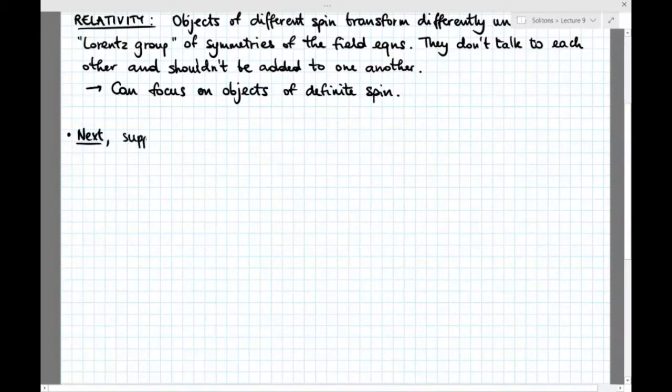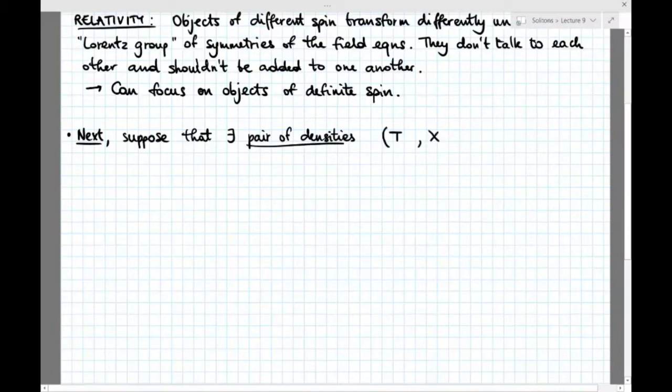Let's suppose that there exists a pair of densities T and X of spins S plus 1 and S minus 1, which I write in the subscripts, but sometimes I'll just write T and X. Such that they obey the following equation, that the derivative with respect to x minus of T_{S+1} is equal to the derivative with respect to x plus of X_{S-1}.